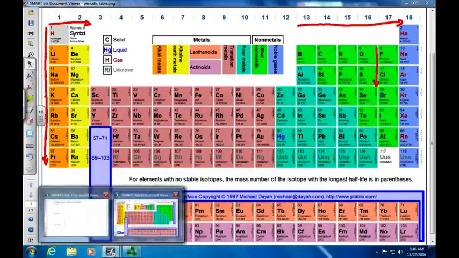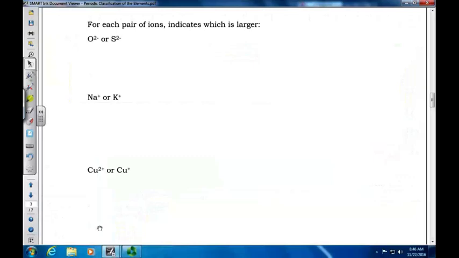So coming back to our worksheet, we're going to choose sulfide as the larger of the two. Again, it's very important that you read the question completely, because it could have just as easily asked which was smaller, and you'd want to be able to identify that.